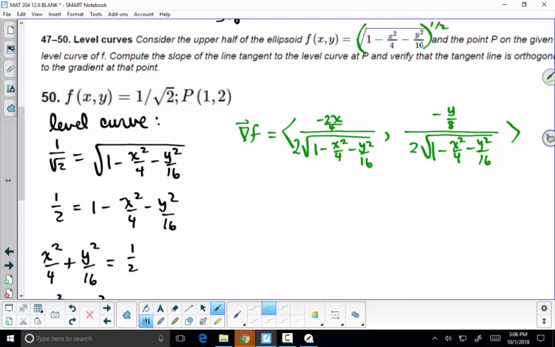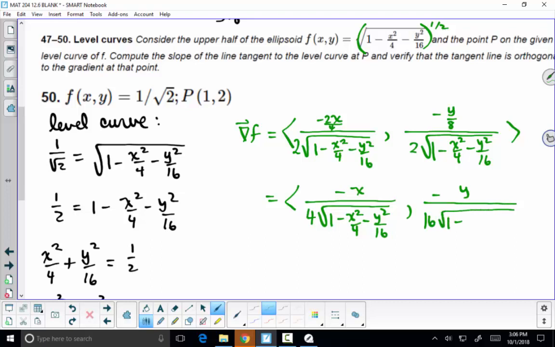Let's simplify it a little bit. So here is our simplified gradient. There it is. All right, there's our gradient. So the gradient is also a vector in two-dimensional space down in the domain.